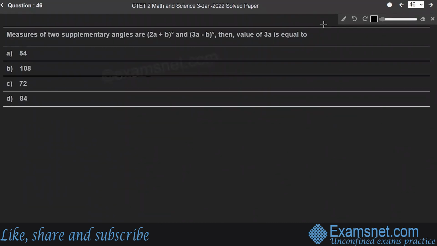Question number 46. Measures of two supplementary angles are 2a plus b degree and 3a minus b degree. Then the value of 3a is equal to, here supplementary angles are those angles that sum up to 180 degree. So here 2a plus b plus 3a minus b is equal to 180 degree. So 2a plus 3a is 5a.